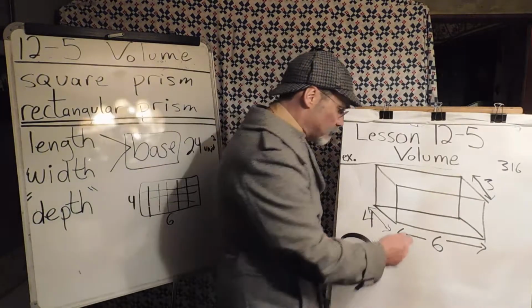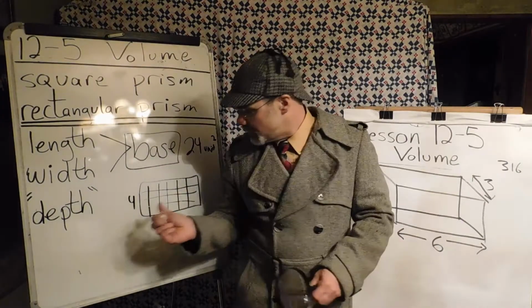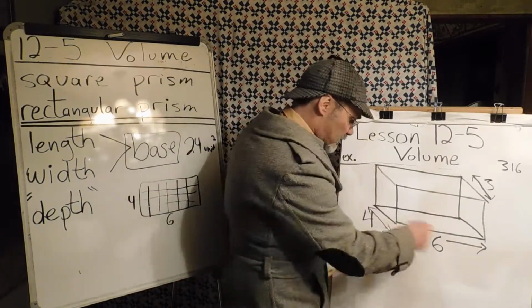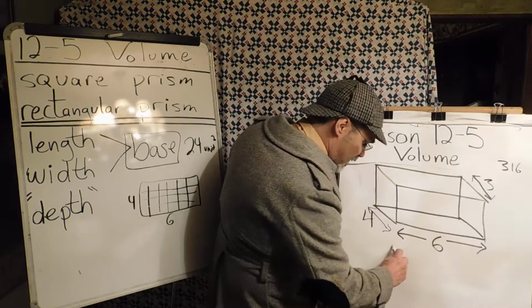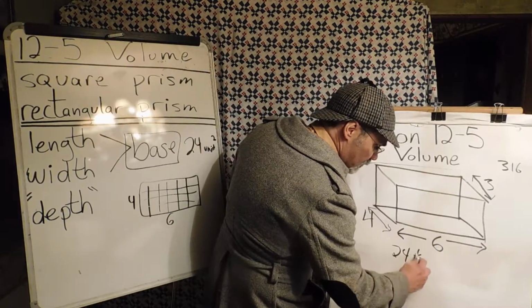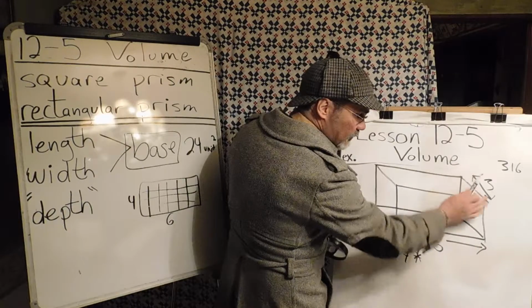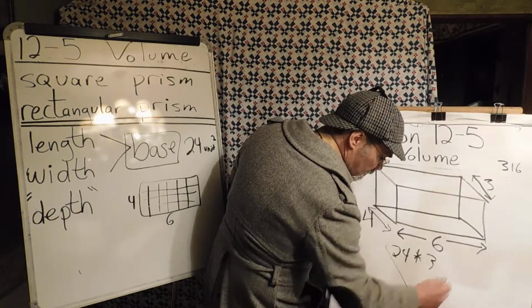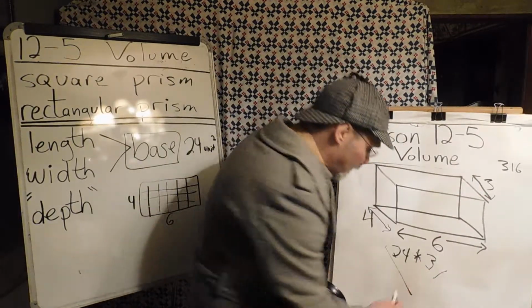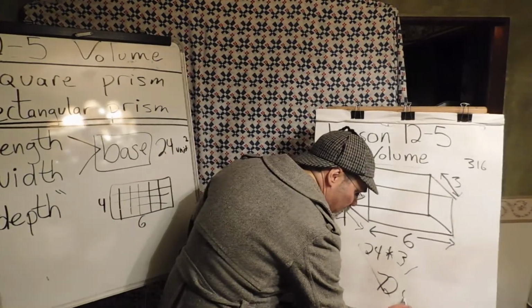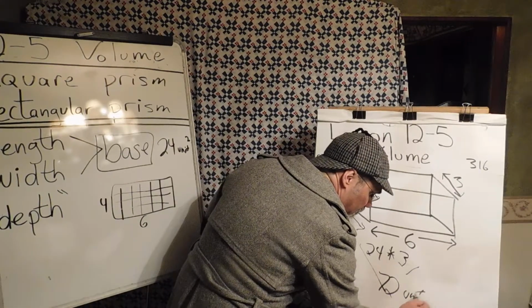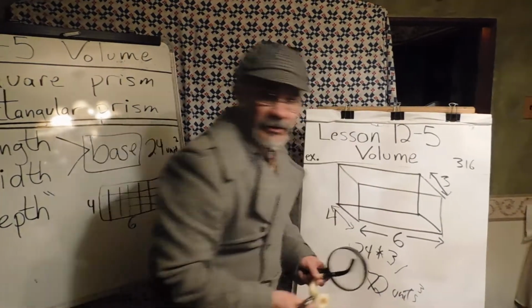Getting back to this, it's a pretty good visual. 6 times 4 is 24. That's the base. Then you multiply that by the other dimension, the front to back dimension, which I like to call depth, and you get 72 units cubed, or cubic units.